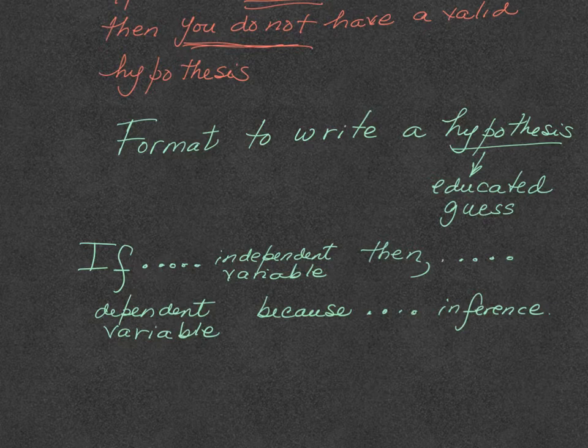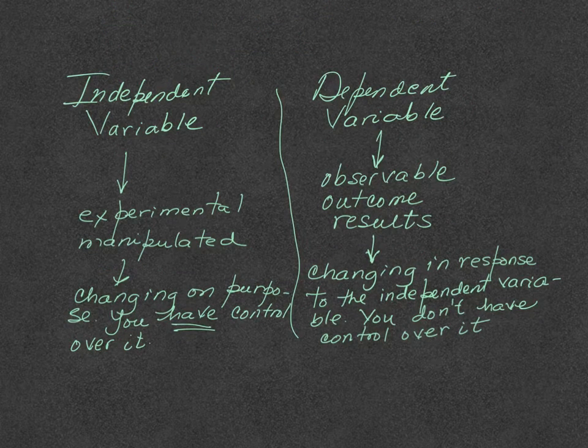Questions? No? We're good until here? Okay, we're gonna continue. Now that you know the format to write a valid hypothesis, you have to find the independent and the dependent variable in your experiment in order to write your hypothesis. Okay, first you have to define independent variable, and that was in your vocabulary activity.